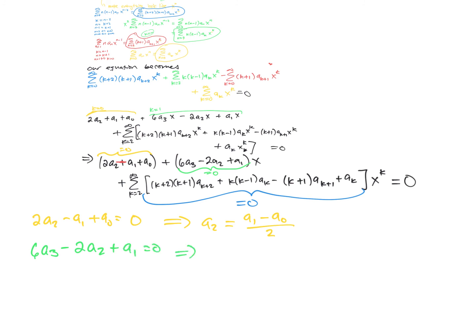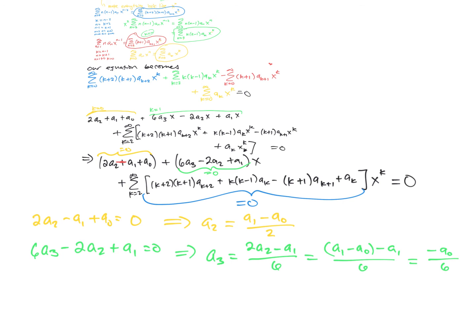And then that tells us that a3 equals 2a2 minus a1 over 6, which equals, 2a2 would just be a1 minus a0, minus a1 over 6, which equals negative a0 over 6. Okay, so that's a little tidy at least.